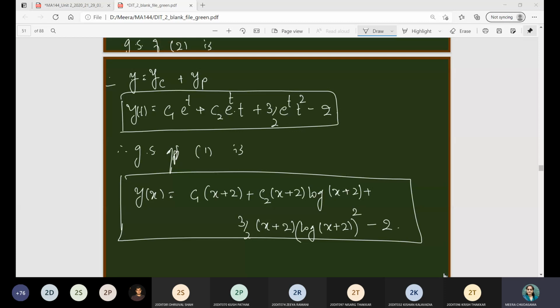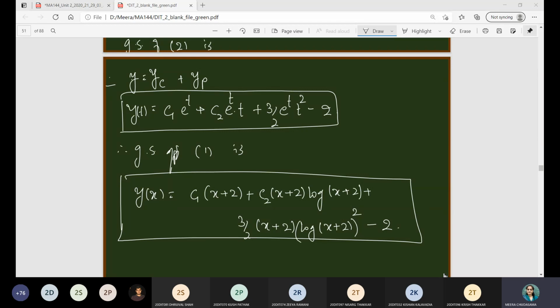So you can choose either method, but as per my point of view, if you are more comfortable with the integration part, then you will find the method of variation of parameter convenient. But generally students are more comfortable with differentiation.